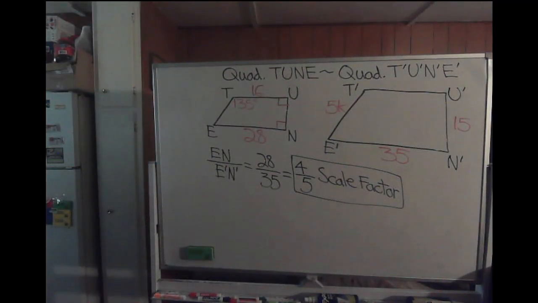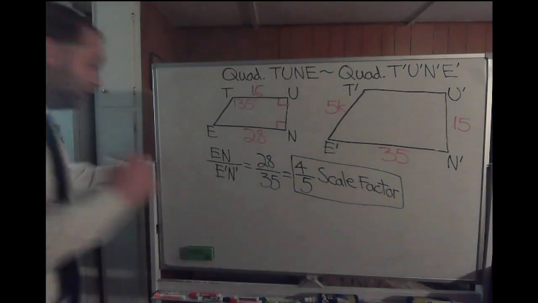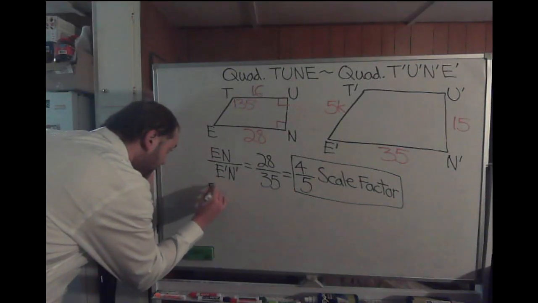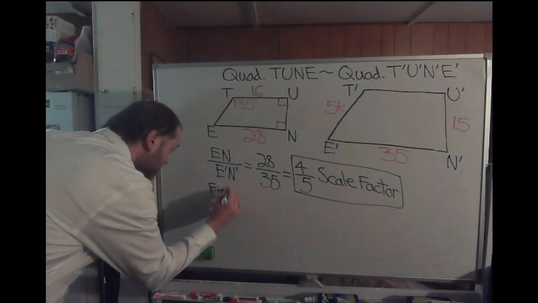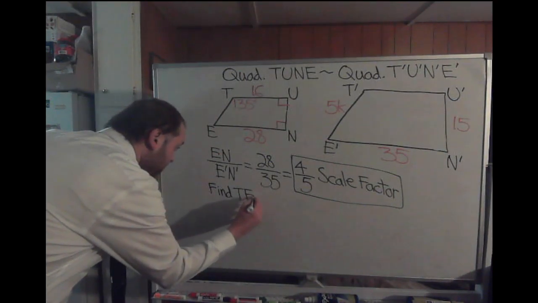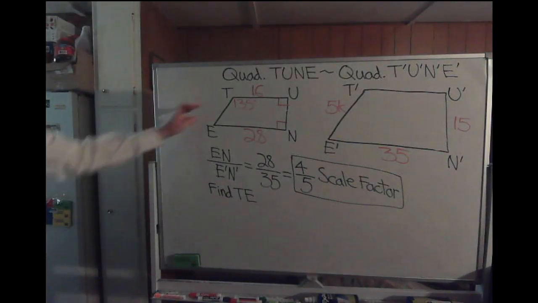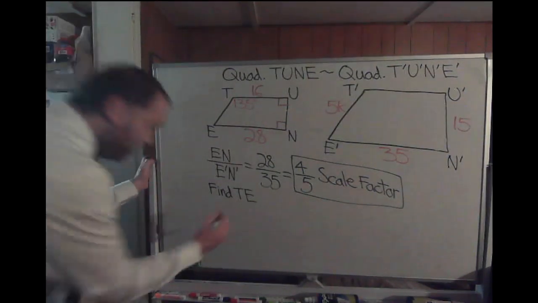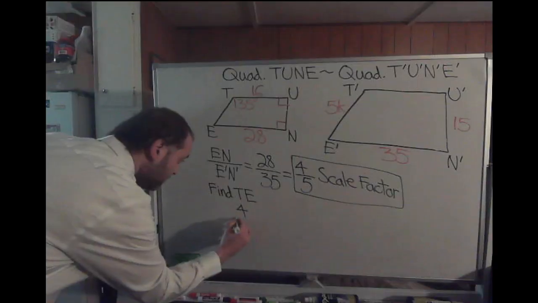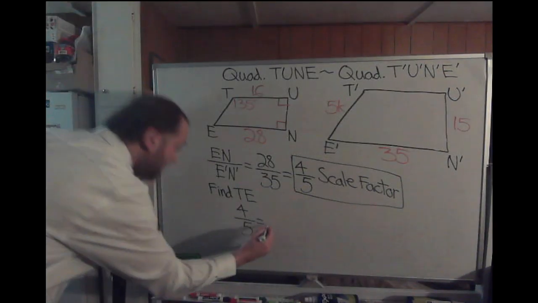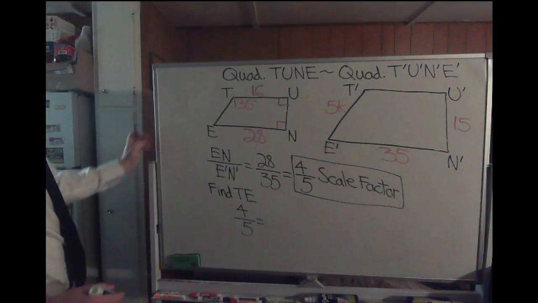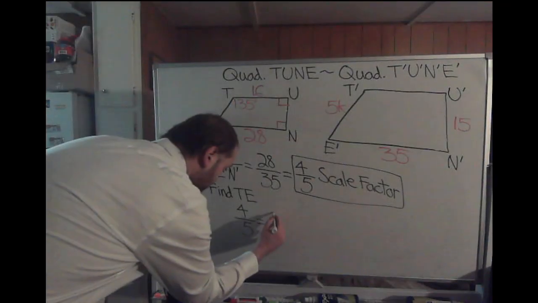Alright, let's see here. Find TE. So we're going to find the length of side TE. Well, again, start out with your scale factor, your 4 to 5, set that equal to the TE, which we're trying to solve for.